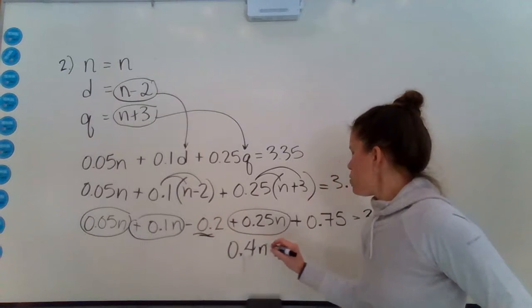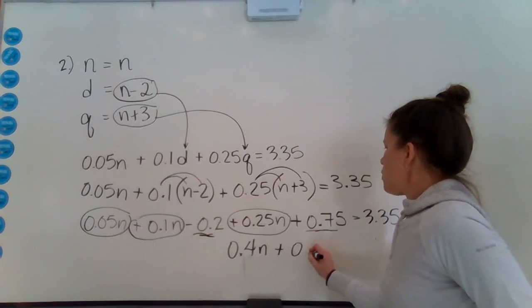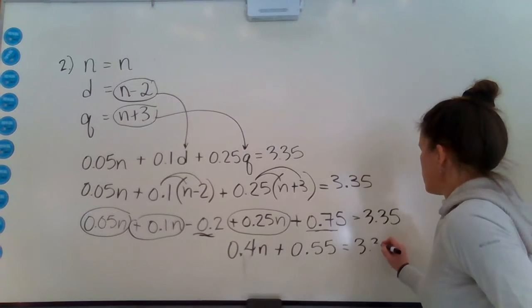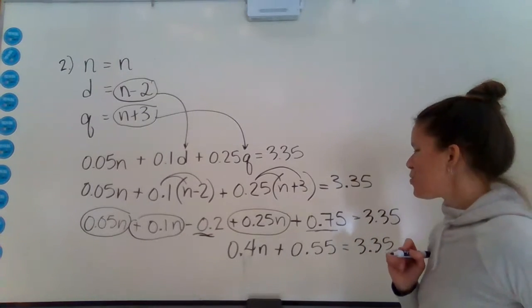Negative 0.2 and positive 0.75 would be plus 0.55 equals 3.35.